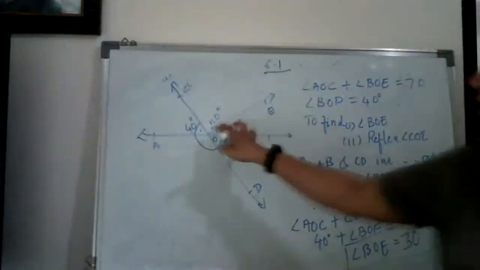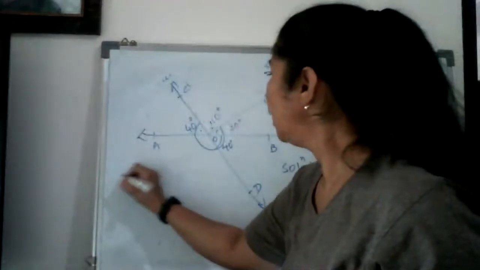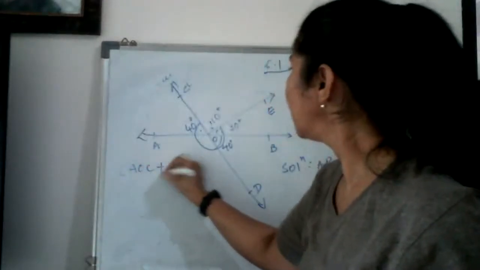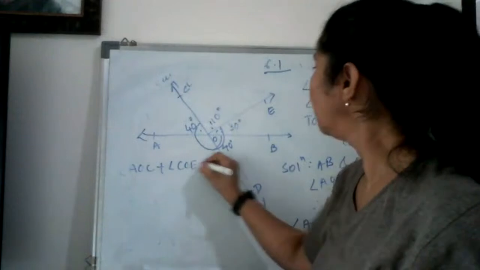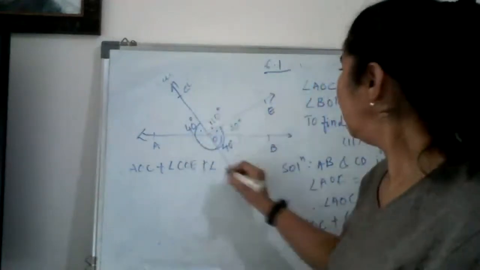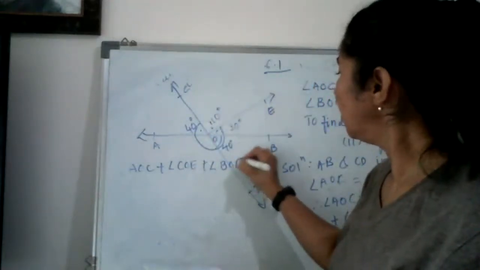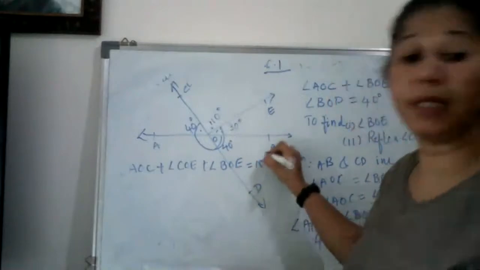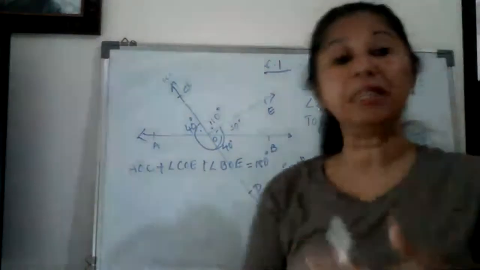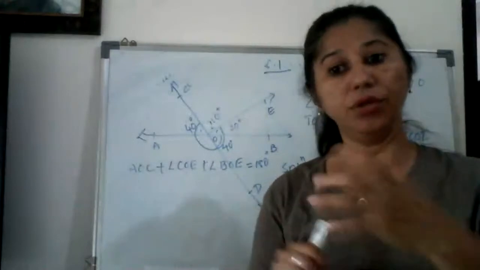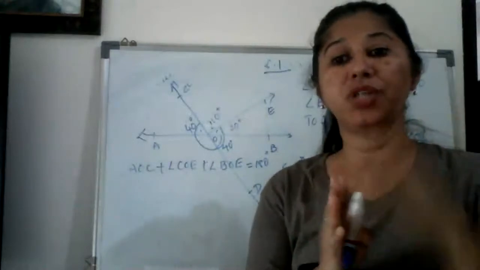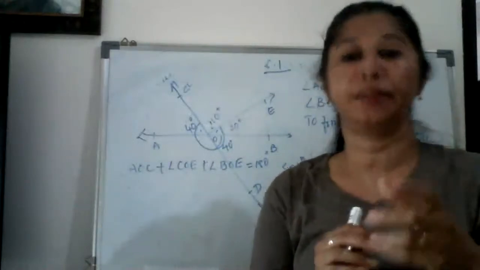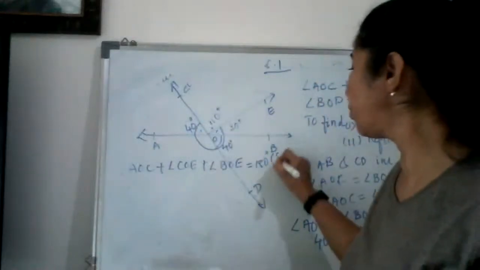We got this. So angle AOC plus angle COE plus angle BOE is 180 degrees. Generally, please remember that you have to write down the reason for what you do. I know everybody can write it, but generally students forget to write the reasoning. So you have to write down why. So this is the straight angle property.